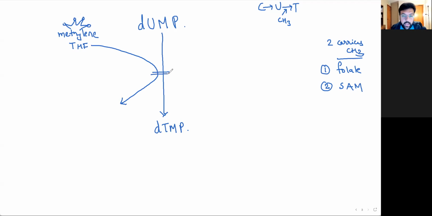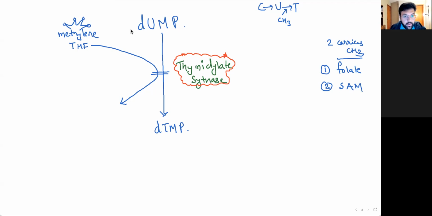and this dUMP can convert into dTMP in the presence of a very important enzyme, which is called... we want to make thymine. We want to synthesize thymine. So the enzyme has to be something like thymine synthase. Actually it's thymidylate synthase. Thymidylate synthase, another high yield enzyme. Just write this down and encircle. This is a very important enzyme because we have a drug which can inhibit that enzyme.